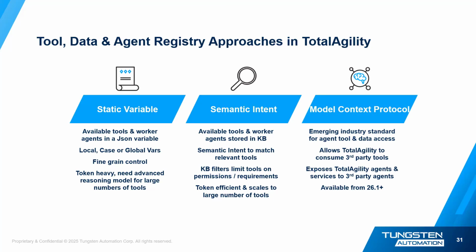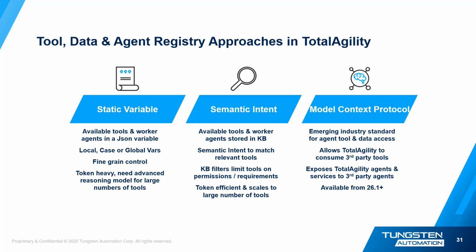And the third way is something called model context protocol. This is a protocol that's gaining a lot of momentum across the AI industry, and it essentially provides a new standard, a new protocol, like a new API, to be able to access and look up the data or the prompts or the tools that are shared by a third-party system.